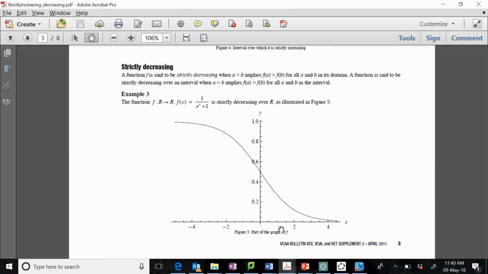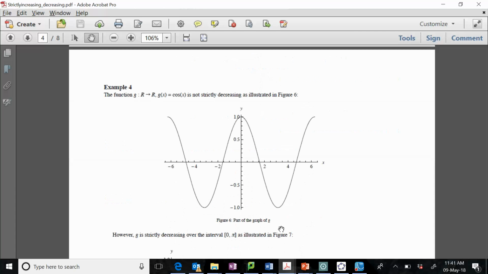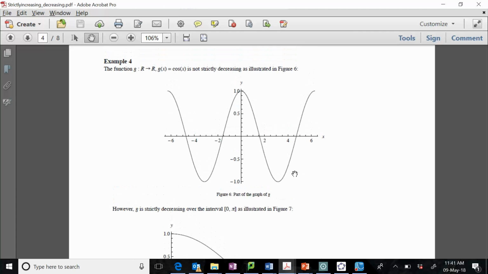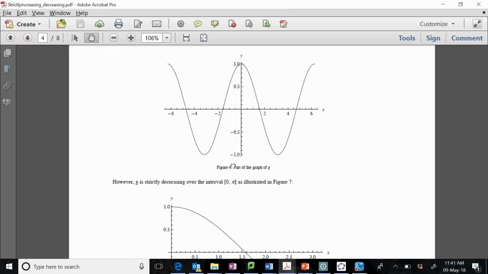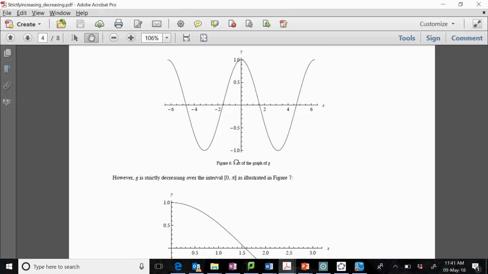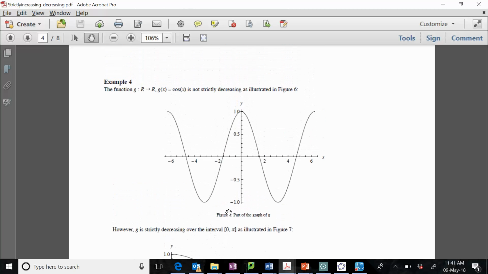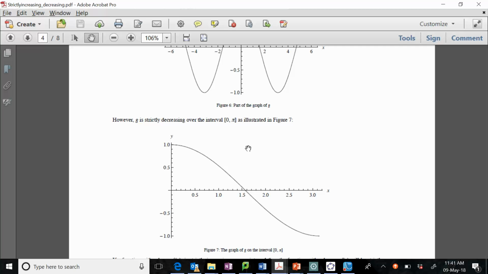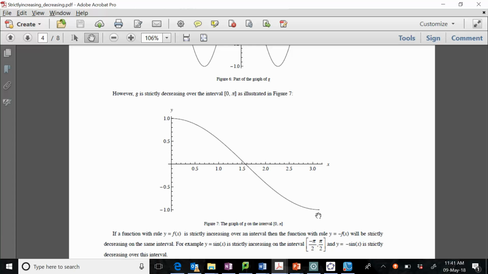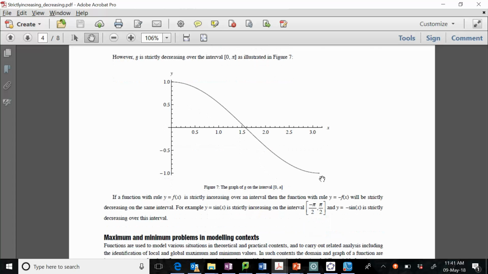I think it was this one? This graph. So in this one here, it is strictly decreasing over the interval 0 to pi. Wait, figure 7, sorry, 0 to pi. That's weird. That's increasing.